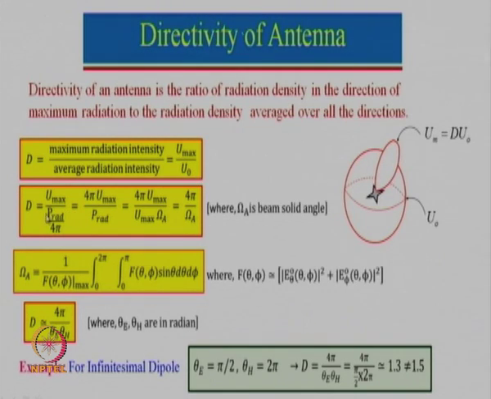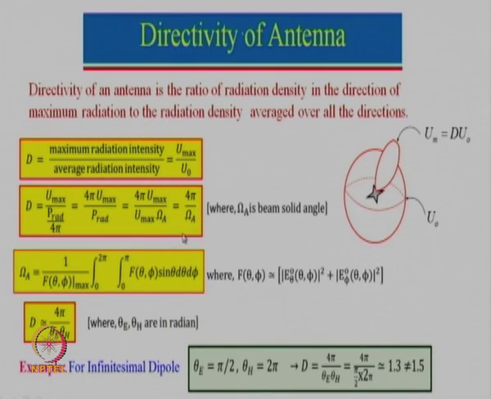Because if it is isotropic, the power radiated divided by 4 pi r square will be the power radiated in the spherical fashion. 4 pi r square is the area of the sphere. We are taking r equal to 1, so that is what it simplifies to here. This 4 pi goes up here, and this is the simple term used to find the directivity.